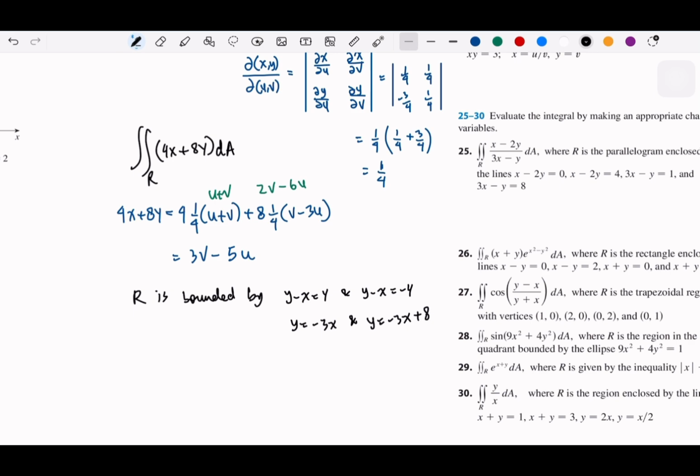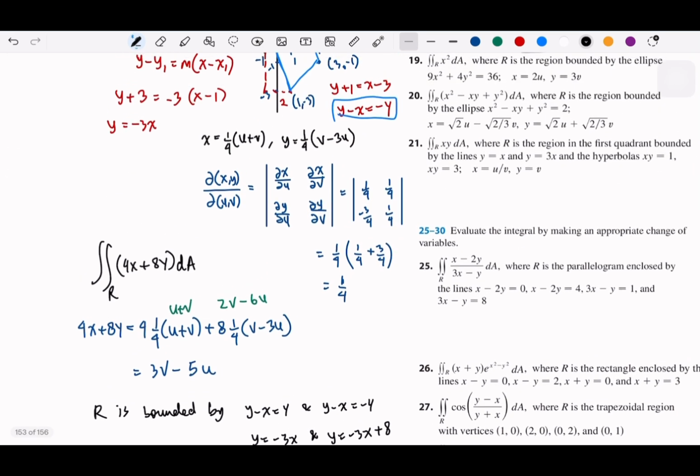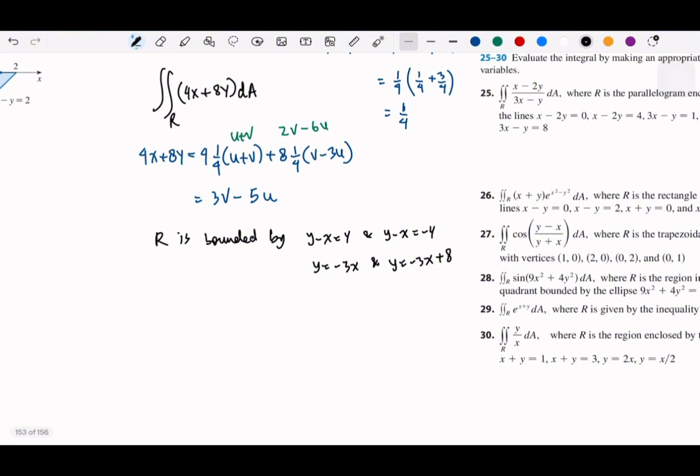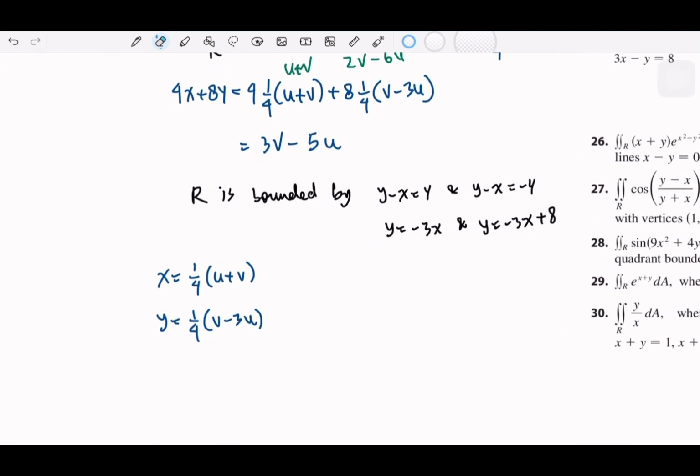Okay, and then from this part, since x is 1 over 4 times u plus v, and y is 1 over 4 times v minus 3u, we can build up x and y in terms of u and v. So we are going to solve for u and v. I will take this in turns.